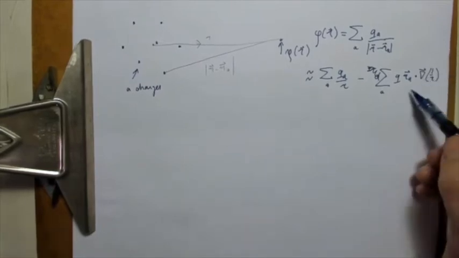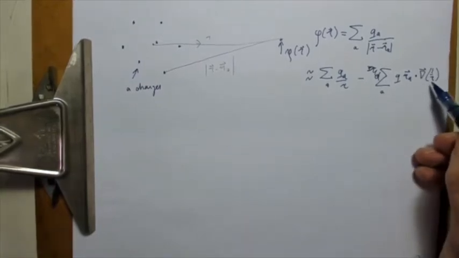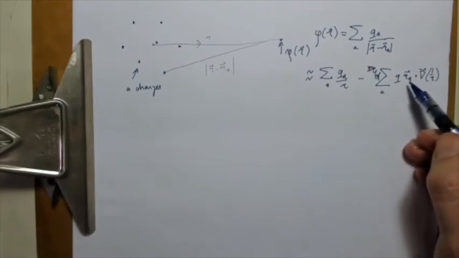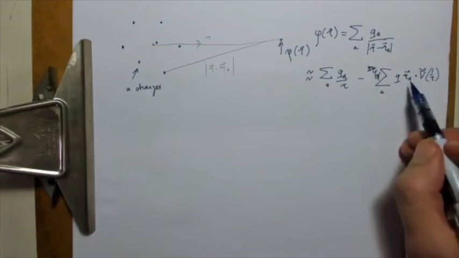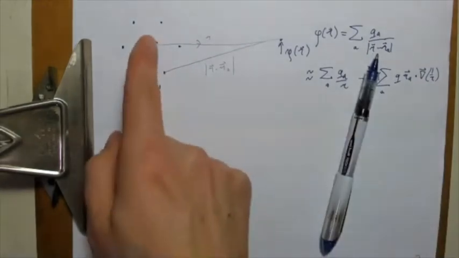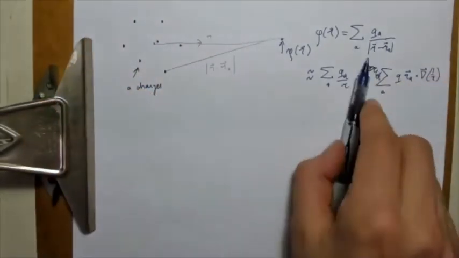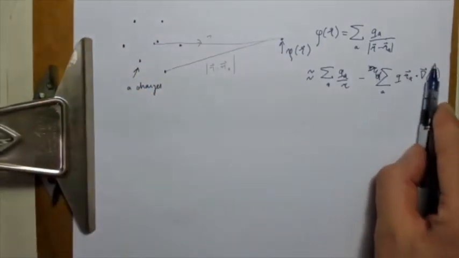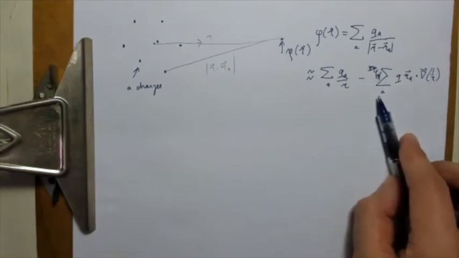So gradient of 1 over r, and that product basically is a linear modification of the distance, right? So if RA is perpendicular to the gradient of 1 over r, right? So in other words, you go in this direction, then that doesn't really contribute to this term.